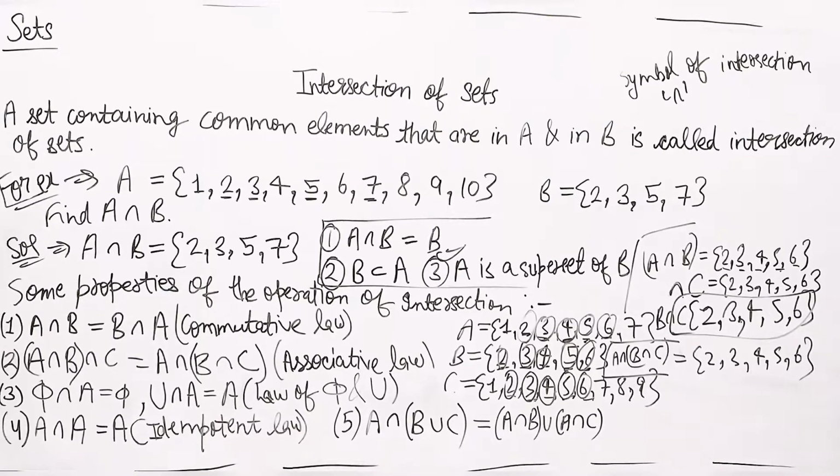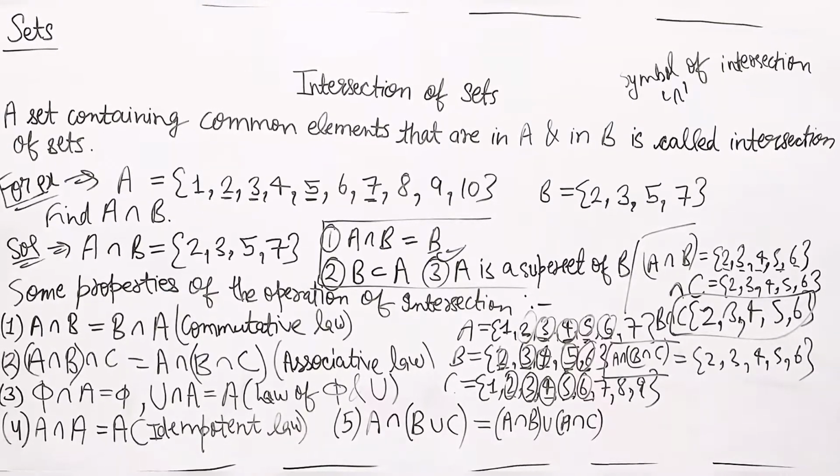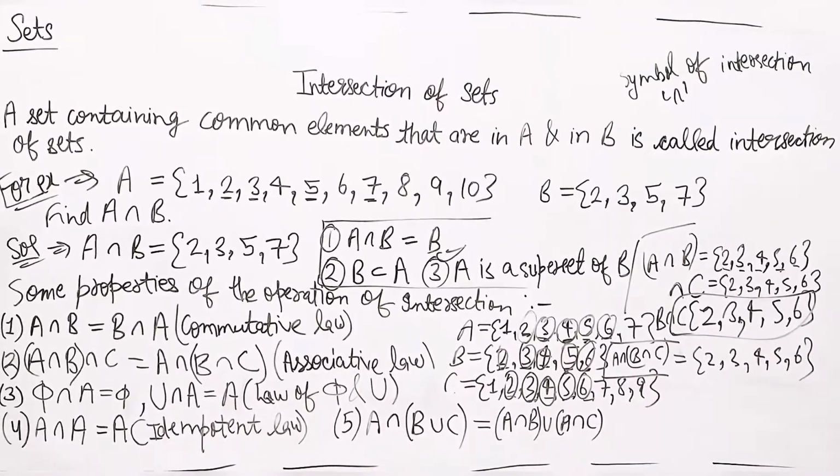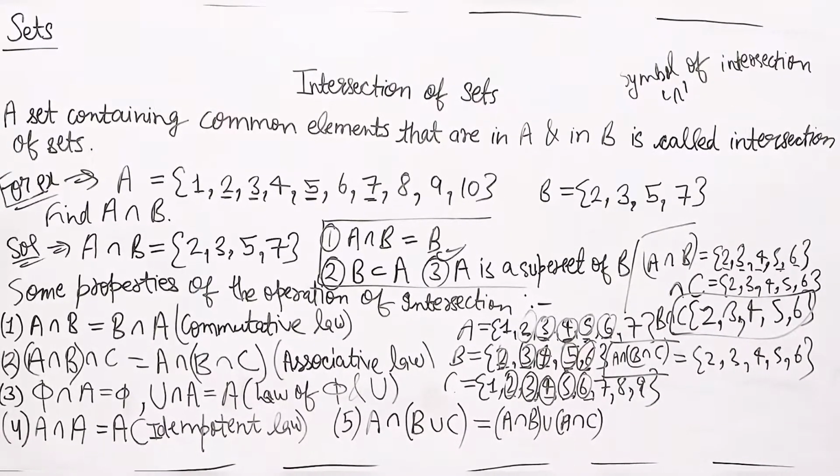Have a look. Do you know? It's the property from the distributive law, in which we have both union and intersection. So A intersection B union C is equal to A intersection B union A intersection C, and it is from the distributive law. What I can say is that intersection distributes over union.